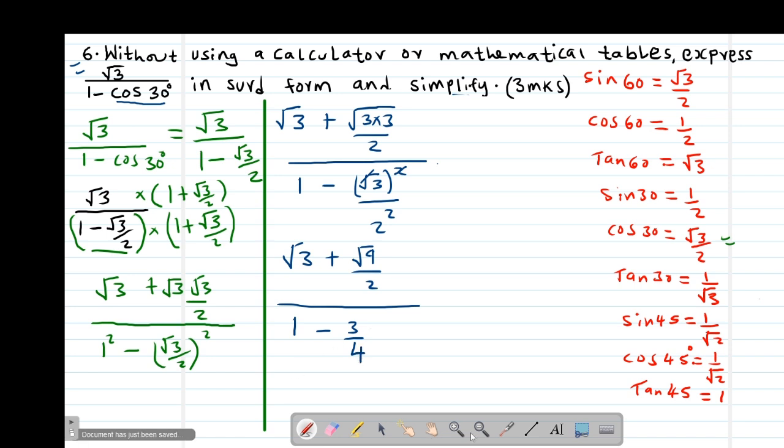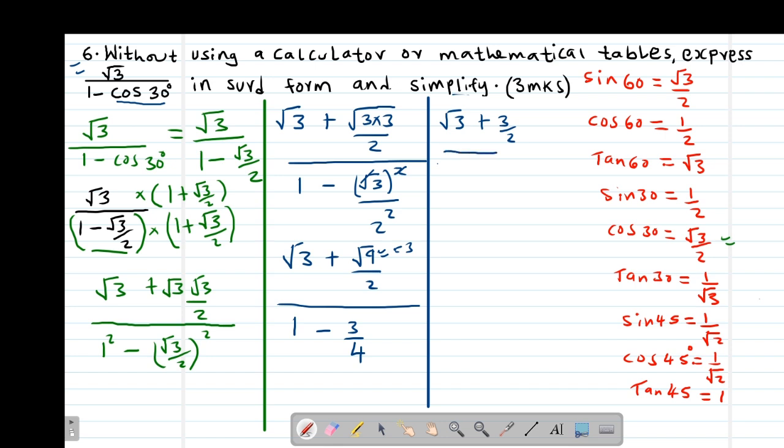So this will be root 3 plus the square root of 9, which is actually 3, so this will remain to be 3 over 2, then the whole thing is divided by 1 minus 3 over 4.